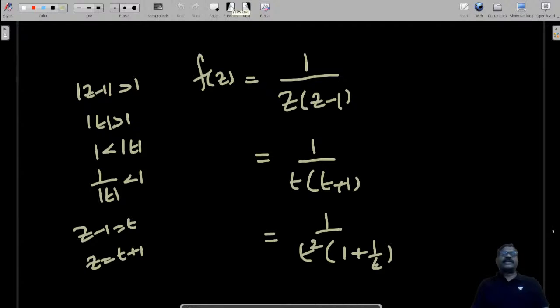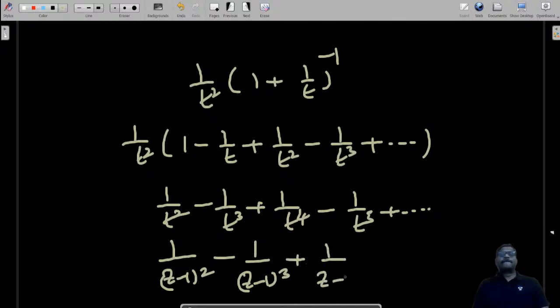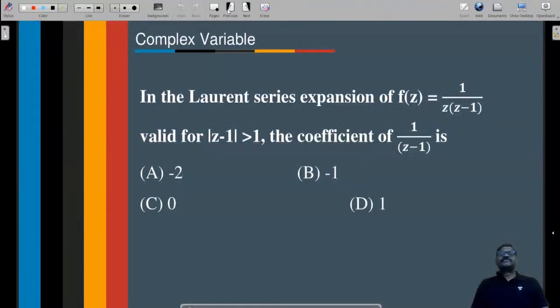That is, 1 by (z minus 1) whole square, 1 by (z minus 1) whole cube, 1 by (z minus 1) whole power 4, 1 by (z minus 1) whole power 5. Finally, the coefficient of 1 by z minus 1 is 0.